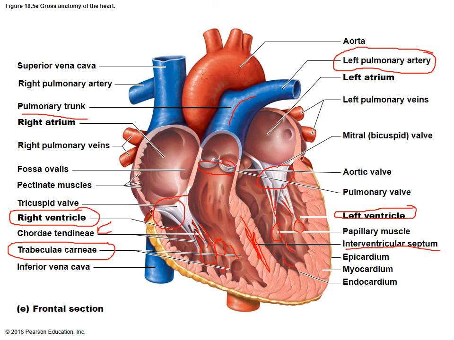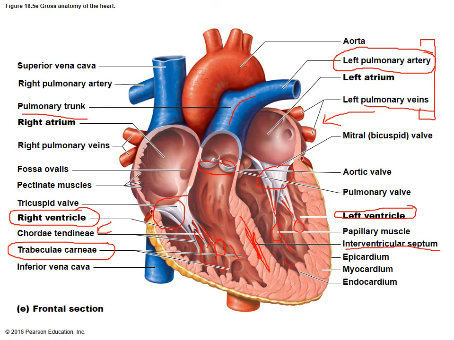Now remember, arteries carry blood away, but arteries also tend to be red. So why is this pulmonary artery blue? Because it's carrying away deoxygenated blood. And that's also why the pulmonary vein is red, because it's returning oxygenated blood to the heart. So when it comes to the color code, the pulmonary artery and the pulmonary veins are opposites of each other.